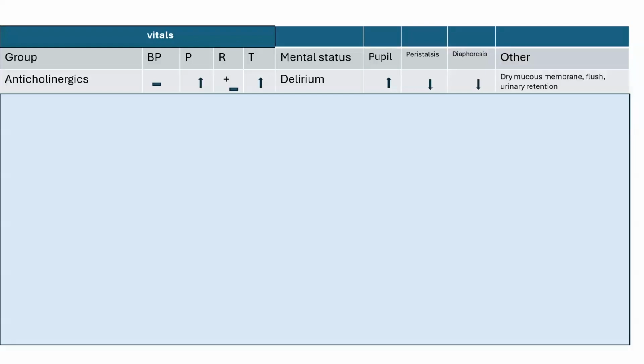In anticholinergic syndrome, the pulse rate and the temperature are higher, and the BP and the respiratory rate may be normal. But these patients can have delirium along with dry mucous membranes, flushed appearance, urinary retention. Pupils are dilated. So if you see a patient with high heart rate, high temperature, dilated pupils, dry mucous membranes, and urinary retention, think in terms of anticholinergics.